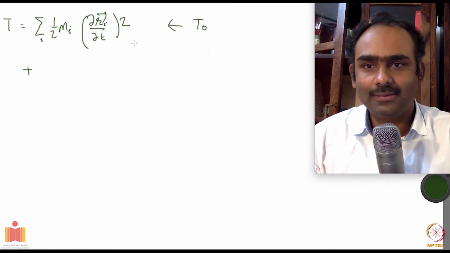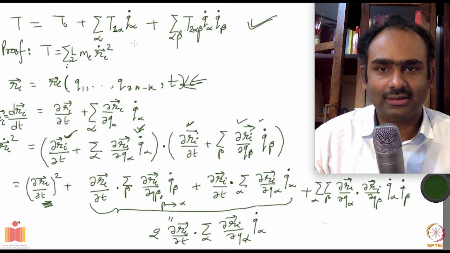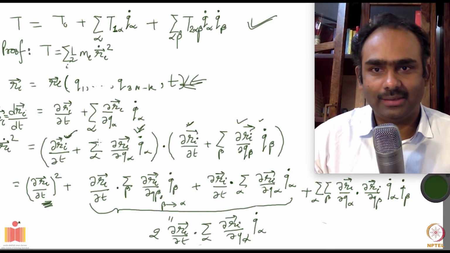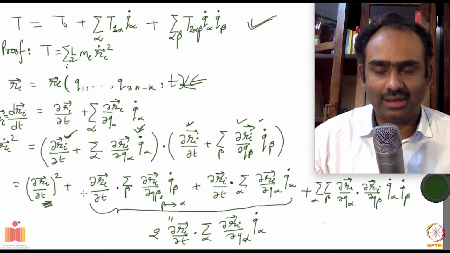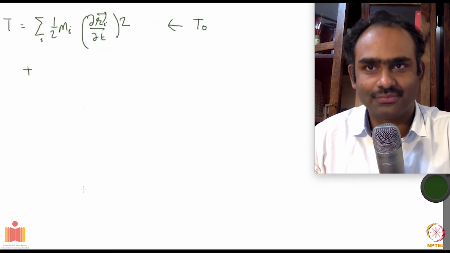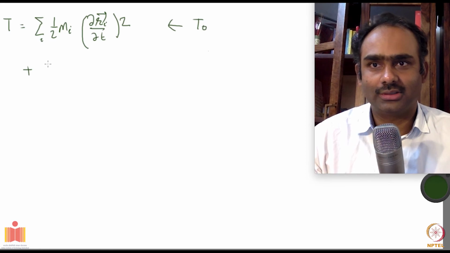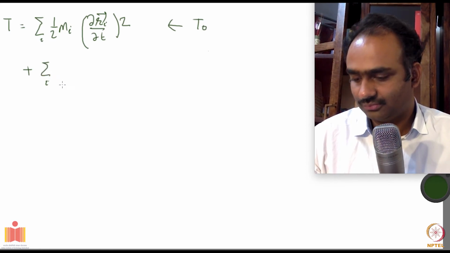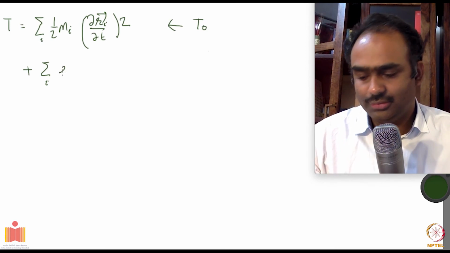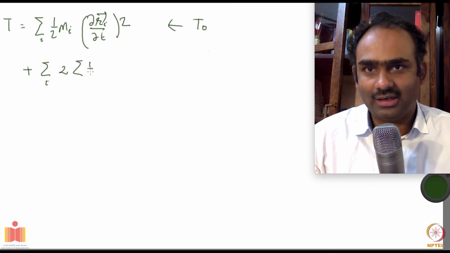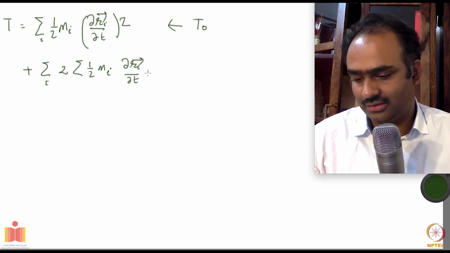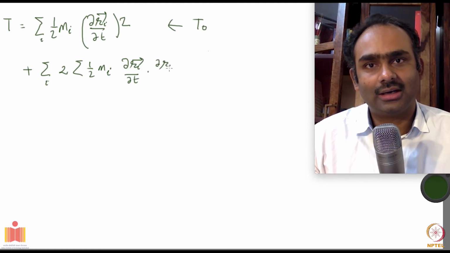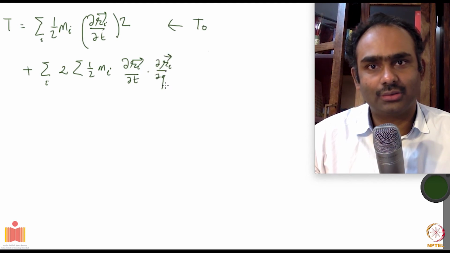Let's look at the second term. Good. I will multiply this with half mi and sum over all the i's. So you'll get summation over I, 2 times half of mi delta Ri over delta T dot delta Ri over delta Q alpha.